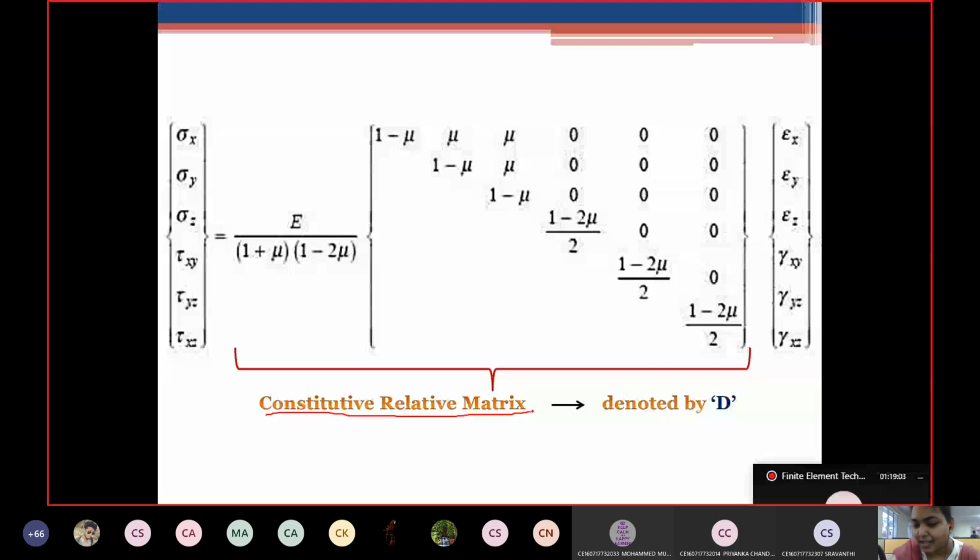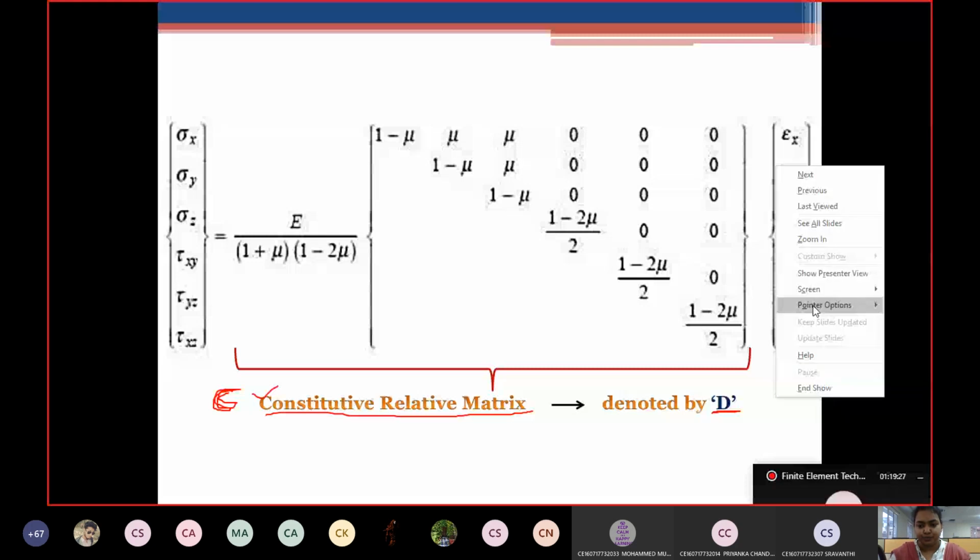When bit questions are asked, this question would be compulsory. You might have to remember this. Constitutive relative matrix denoted by D. Many textbooks denote this by D. There are some textbooks which directly take notation as C. Because it is called constitutive relative matrix, taking the name as C is also not an issue.